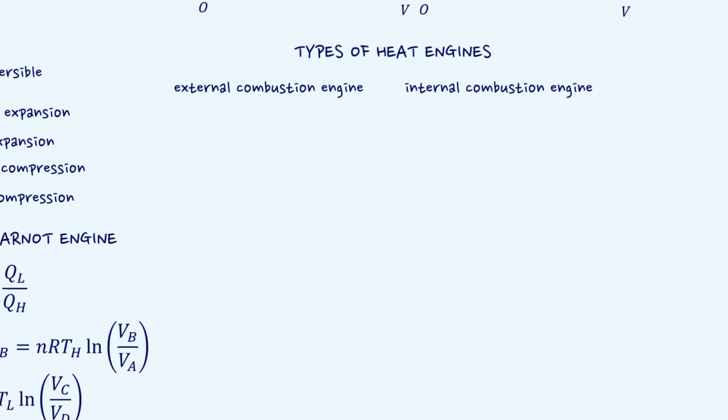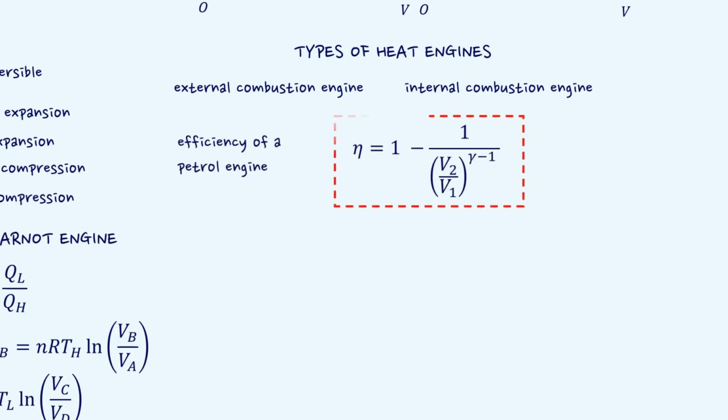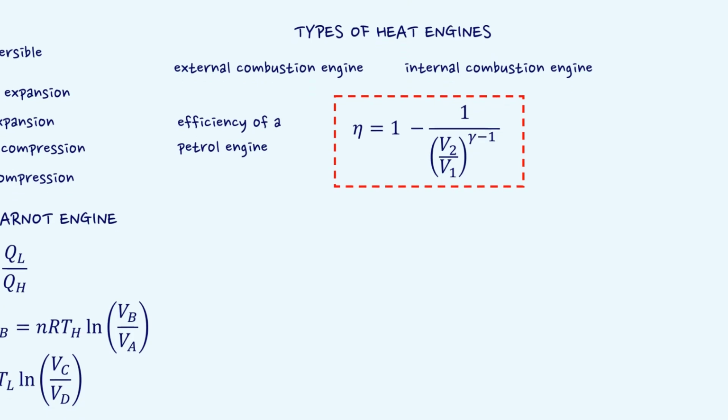Petrol engine and diesel engine are examples of internal combustion engines. Efficiency of a petrol engine can be represented as eta equal to 1 minus 1 divided by V2 by V1 to the power gamma minus 1. Here V2 by V1 is equal to the adiabatic compression ratio and gamma is Cp by Cv for the gas.